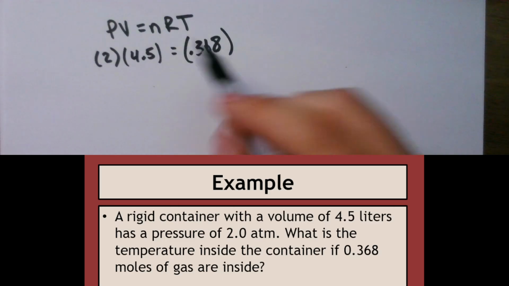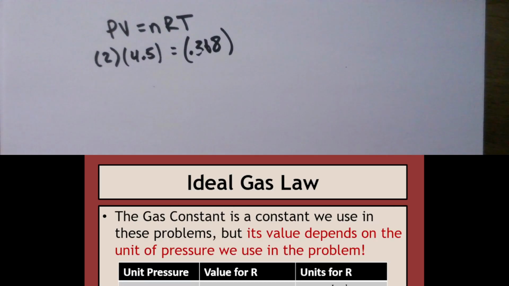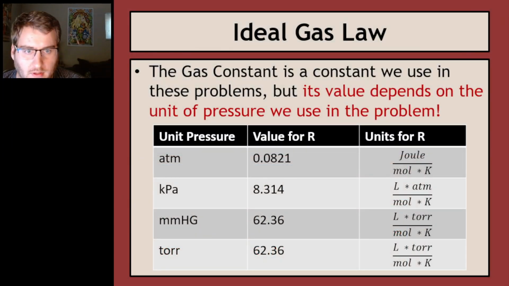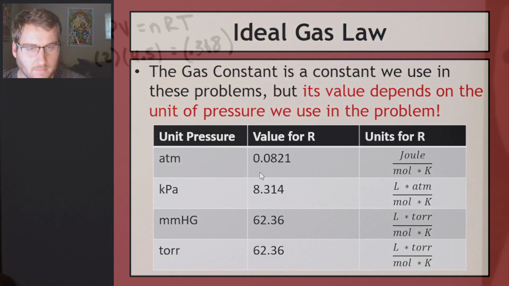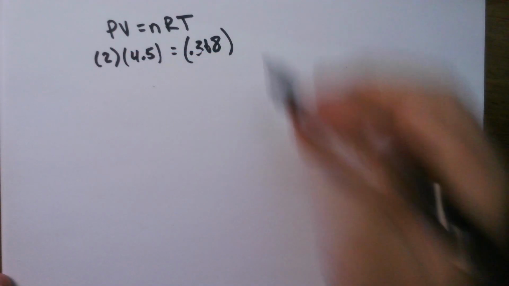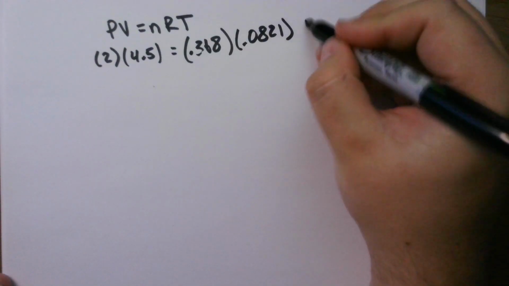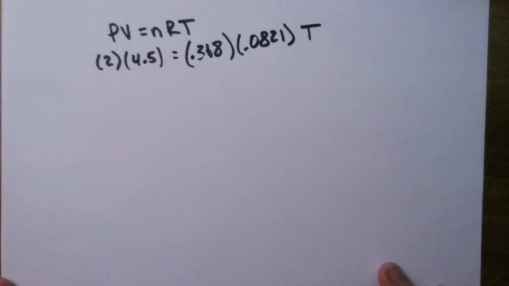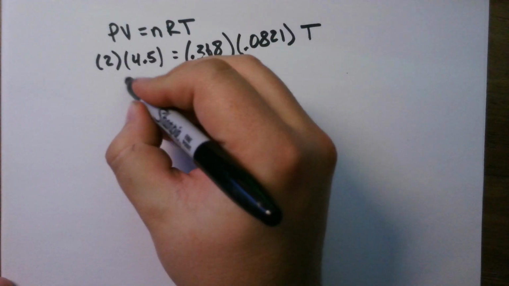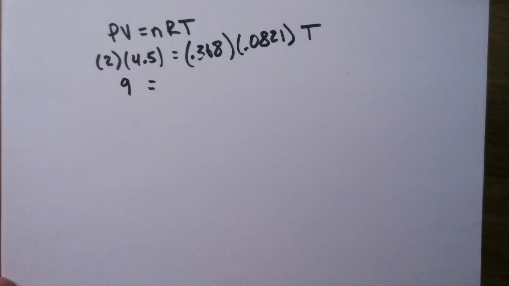R is our gas constant. I used ATM for pressure, so ATM means my R's number will be 0.0821. T is my temperature. That's what I'm looking for. And now I just do some algebra. Solve for T. Simplify this. You get 9 on the left.